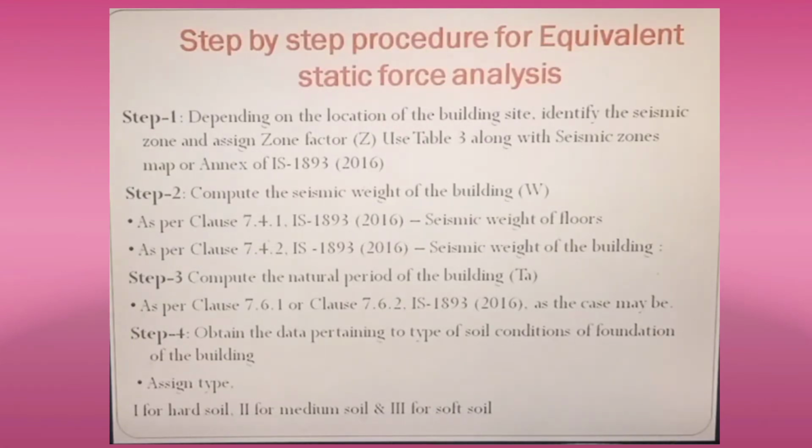Zone 2 has a zone factor of 0.1, zone 3 has 0.16, zone 4 has 0.24, and zone 5 has 0.36. So this is the first step: identify the zone based on the location of the site and assign the zone factor.